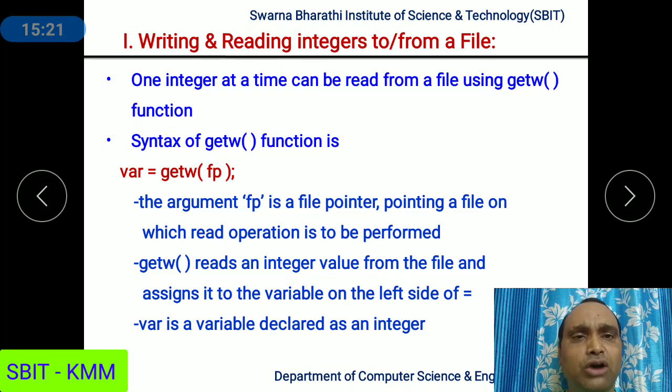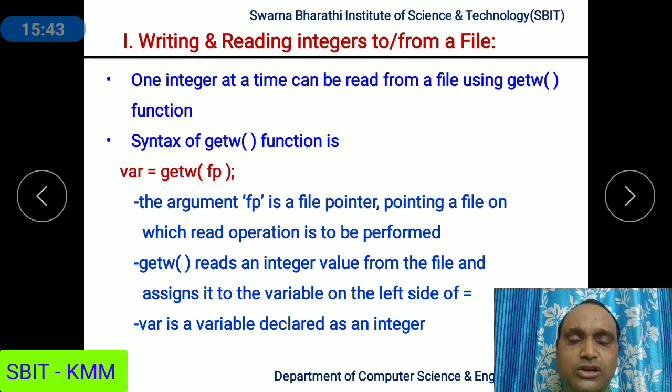You have to remember that getw reads the end of the file character and assigns that EOF character to the variable on the left hand side. And we have to check this each time we read an integer value from the file, to see whether we have reached the end of the file or not.